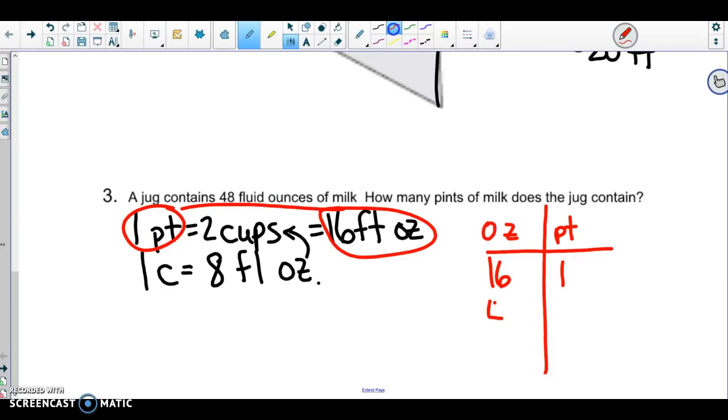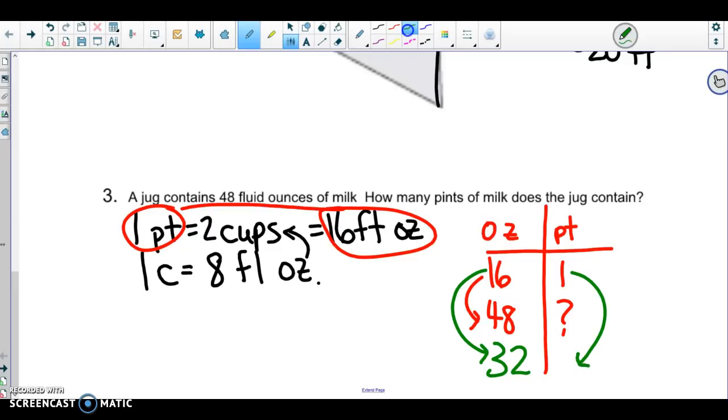If we have 48 fluid ounces, we're looking for how many pints that is. So we've got to figure out how I can get from 16 to 48. Well, 16 plus 16 is 32. So I can figure out 32 pretty easily. That would double the 16 here, and so then I would double here to get 2.